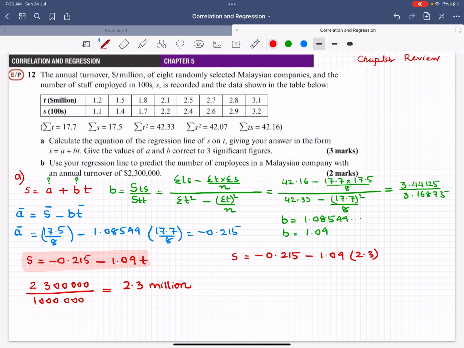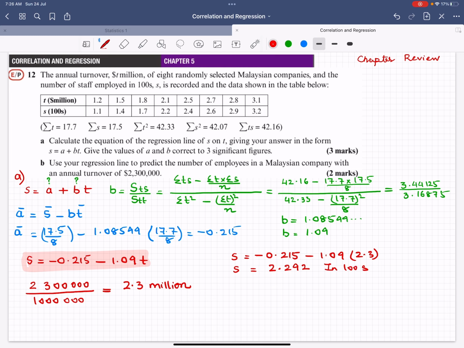And when we work this out, we get S is equal to 2.292. So this is the number of employees in hundreds.